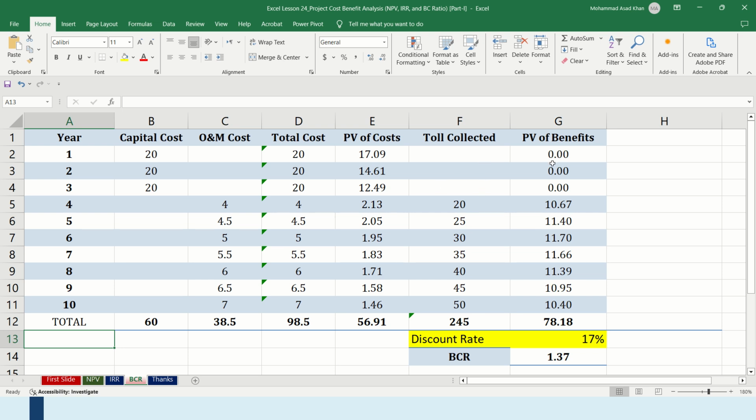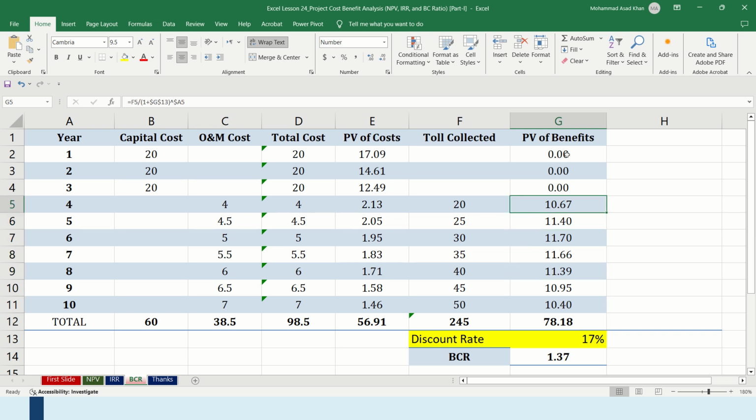Toll collected 245 million. We are here, and again, PV of benefit, the present value of benefits, we have calculated it, and the PV of the benefits has become 78.18 million.